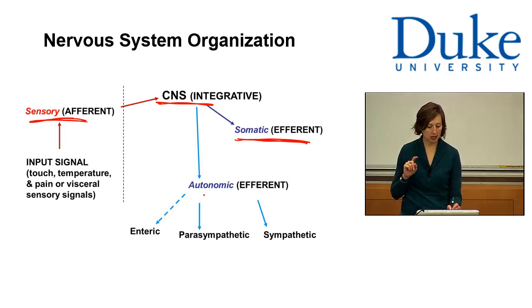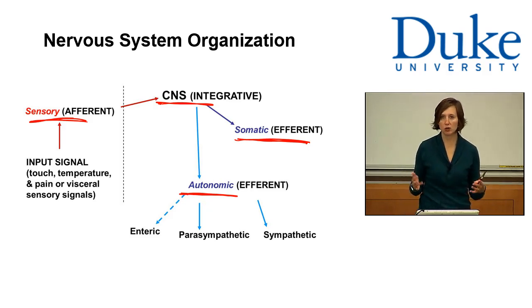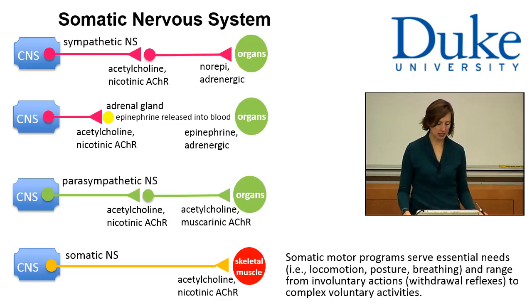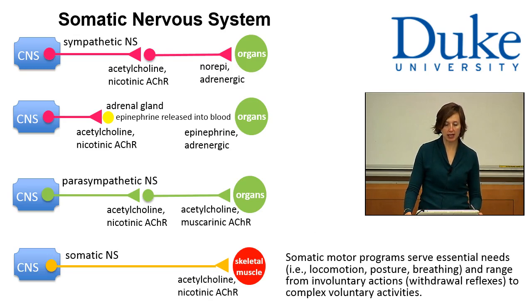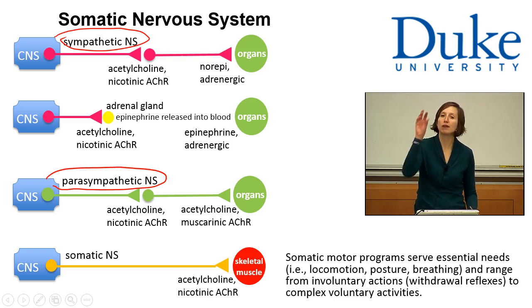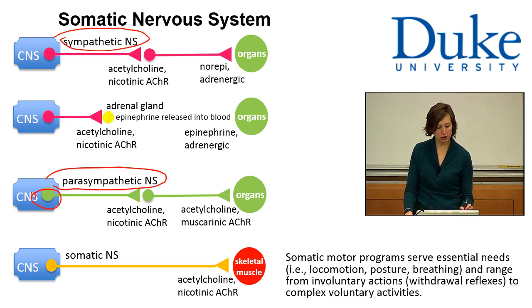That's going to be in contrast to the autonomic nervous system, which is going to be what controls the organs. And this again is review to remind you that with the autonomic nervous system, such as the sympathetic portion and the parasympathetic portion, we have two neurons in series, where the first neuron's in the central nervous system and the second one is sitting out in the periphery.